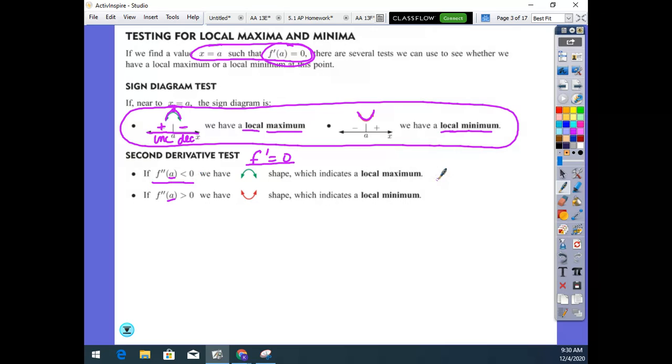If it's negative, that means it's concave down. So if it's concave down and a 0 slope, that's why it's a max. If the second derivative is positive, concave up and a 0 slope, that's going to be a local minimum. When you think through this, it makes sense, but you don't always think about it. So that's what we have to focus on today.